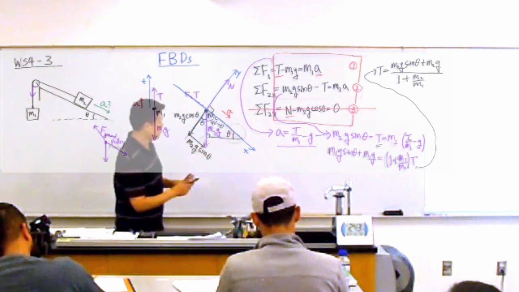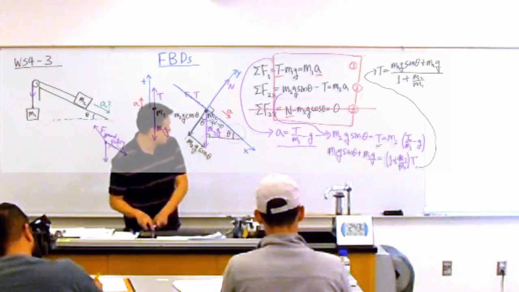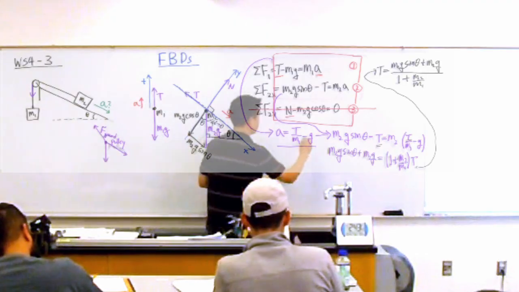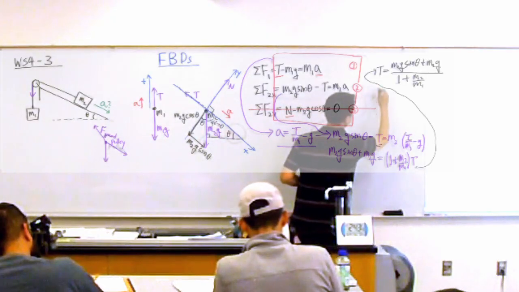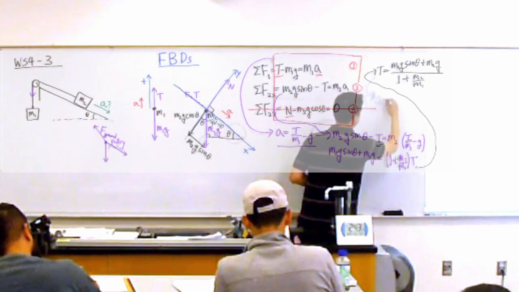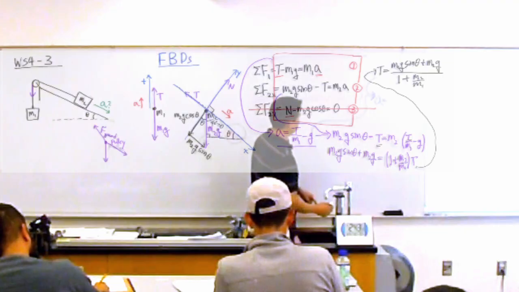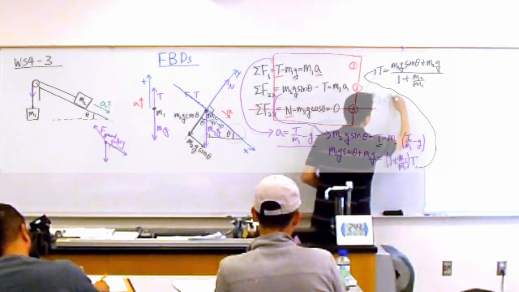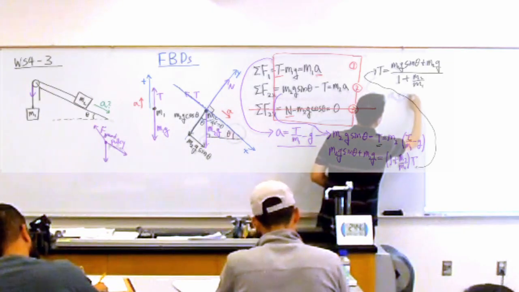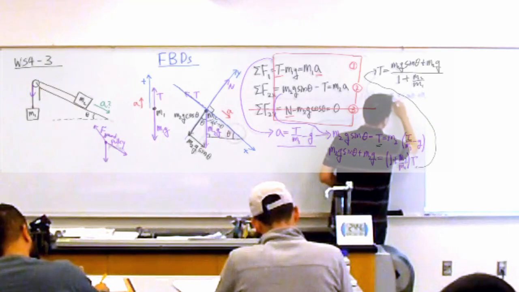Combining both of these together, let me use the blue, the color I haven't used. Acceleration is equal to that whole thing over m1, so m2g sine theta plus m2g over m1.